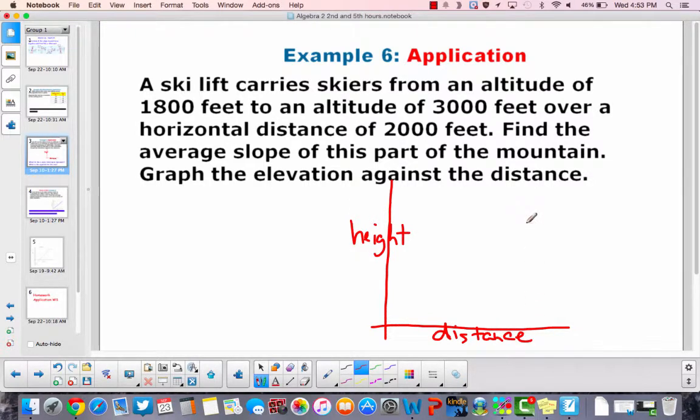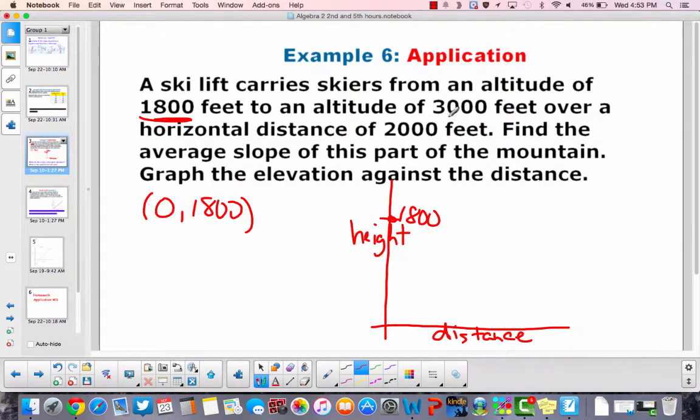Okay. Now, if we start at 1,800 feet, that is our first height. But what is our initial distance? Have we traveled anywhere horizontally? No. So our horizontal distance is 0, and our vertical distance is 1,800 feet. Now we can graph that here, and it would be that point right there, 0, 1,800.